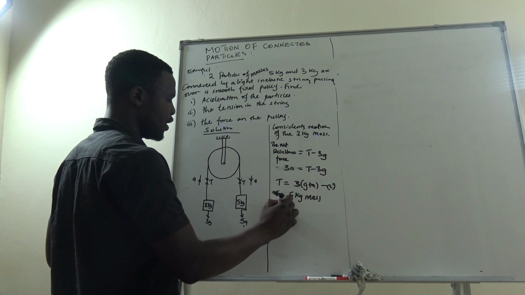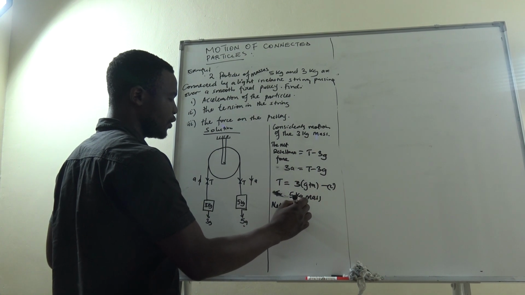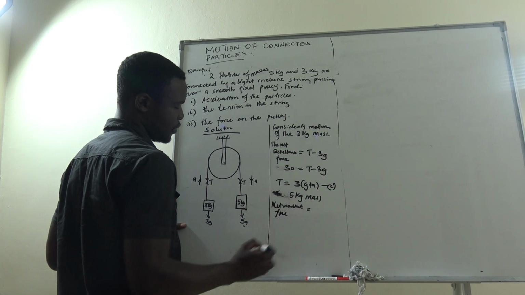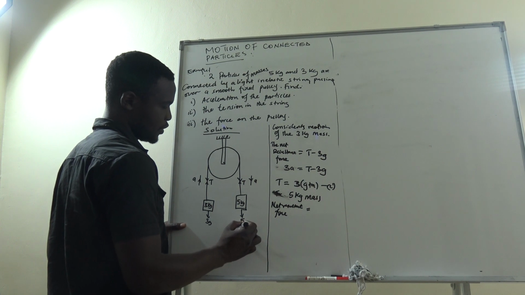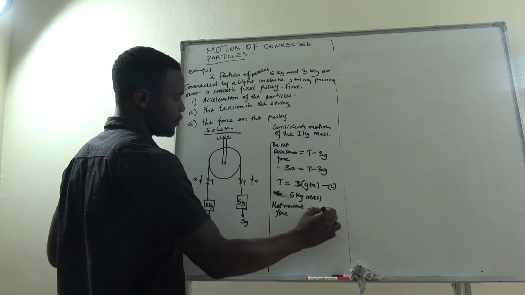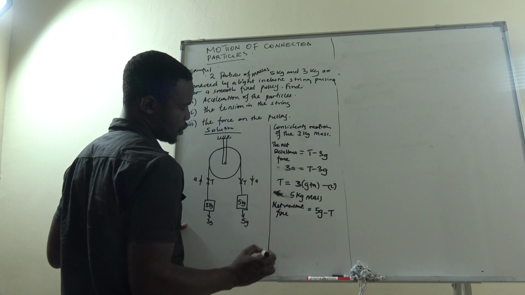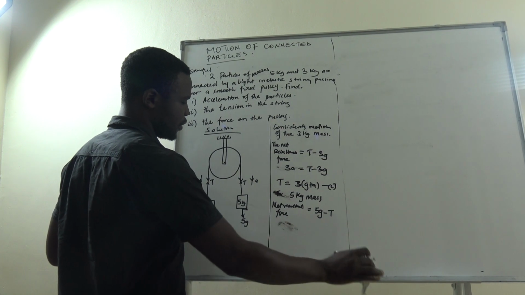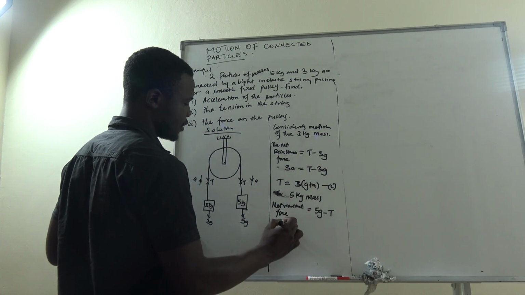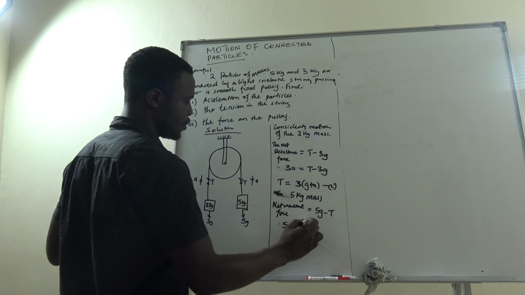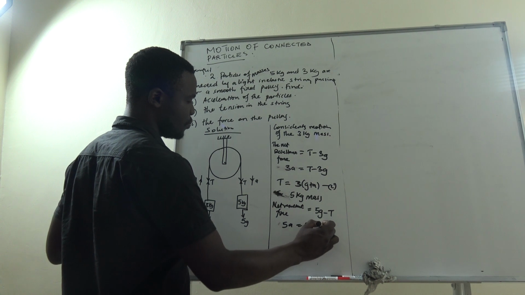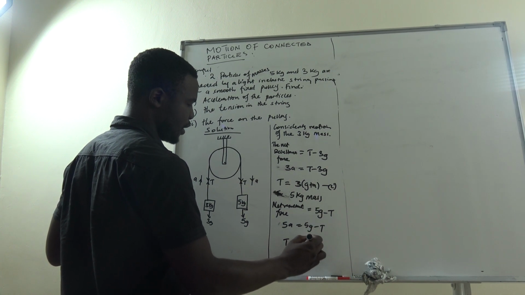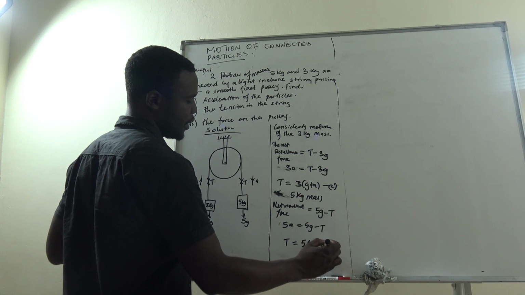So the net resultant force, given by Newton's second law, will be 5g minus the tension. It is mass times acceleration, which is 5a equals 5g minus T. Therefore, T is equal to 5 times (g minus a). I call this equation 2.